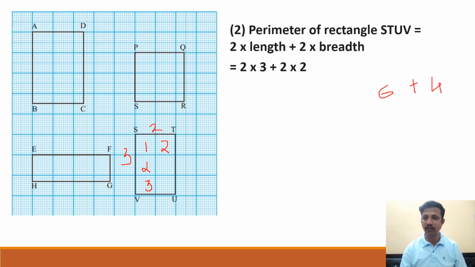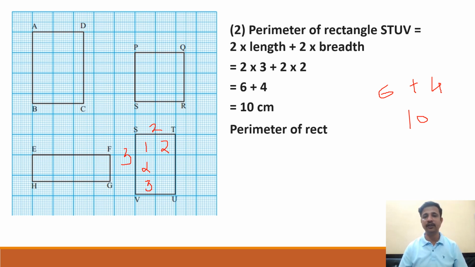Our answer is 6 plus 4 equals 10 centimeter. So perimeter of rectangle STUV equals 10 centimeter.